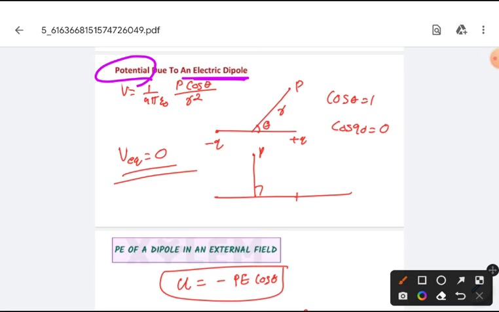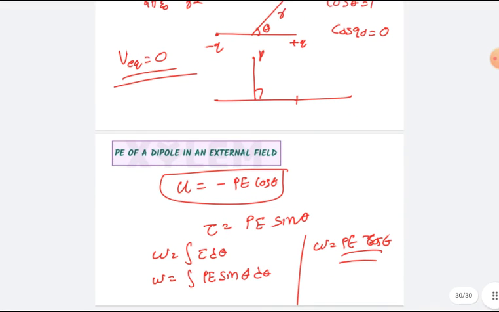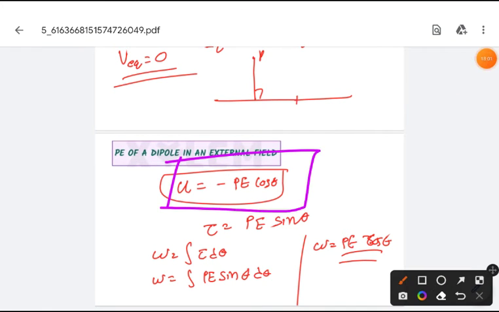And then we have to know the potential energy of a dipole in an external field. So U is equal to minus P E cos theta. W is equal to integral of tau into d theta. Tau can be written as P E sin theta into d theta.